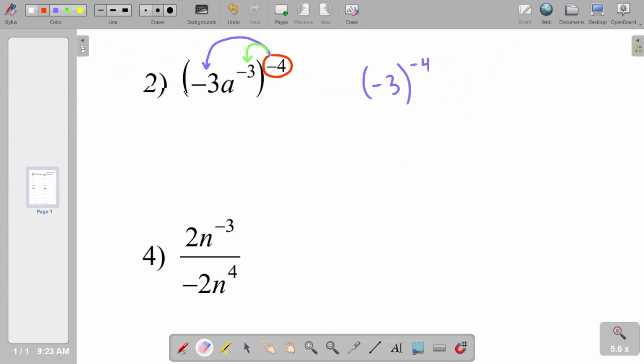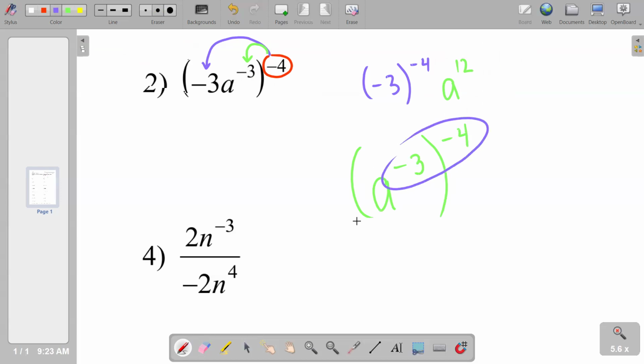It's going to be a to the power of 12. It had already a power of -3. I applied a power of -4. I multiply these two exponents together. All day long, what is -3 times -4? Positive 12.